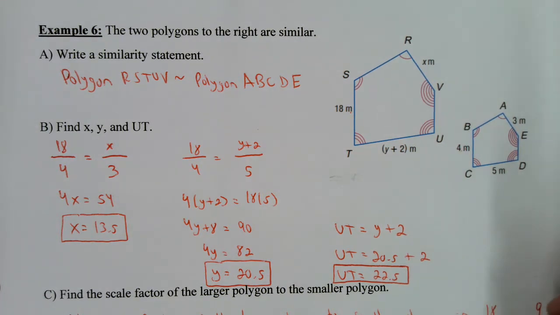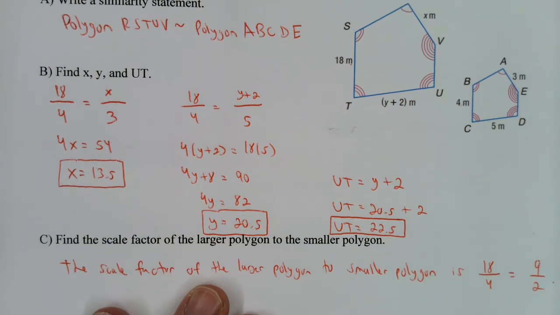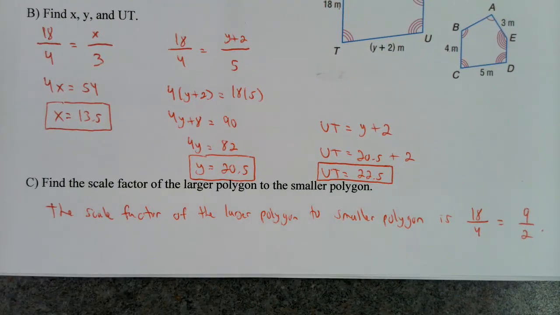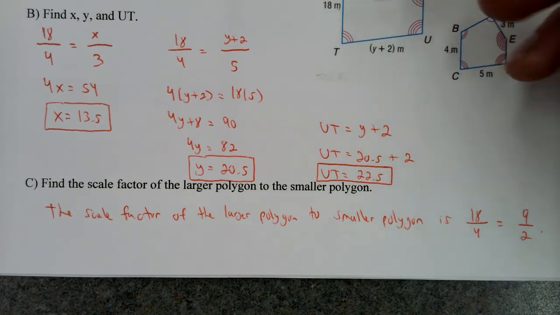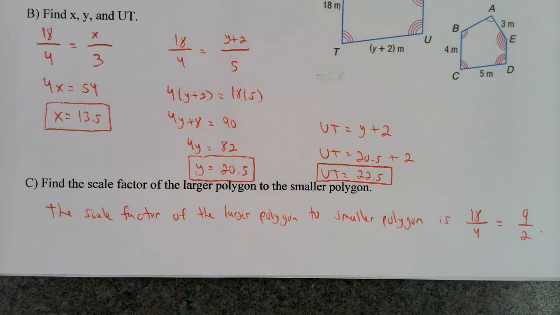Then you would simplify that to 9 over 2. 18 over 4 because they're corresponding, which simplifies to 9 over 2. If I said what's the scale factor of the smaller polygon to the larger polygon, then it would be 2 over 9.